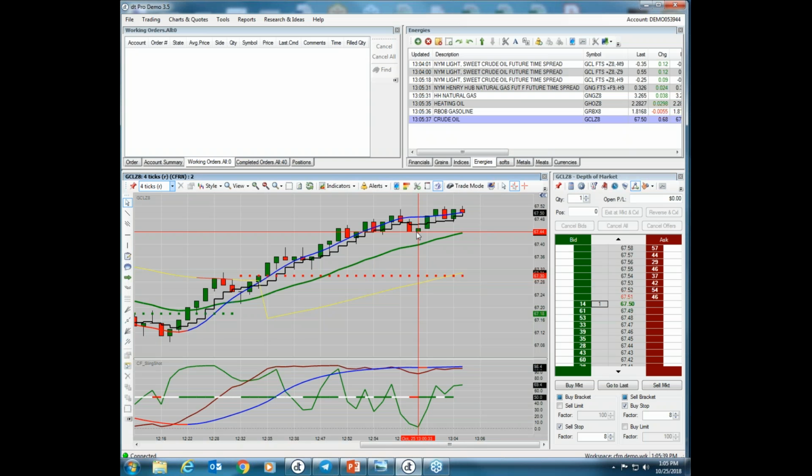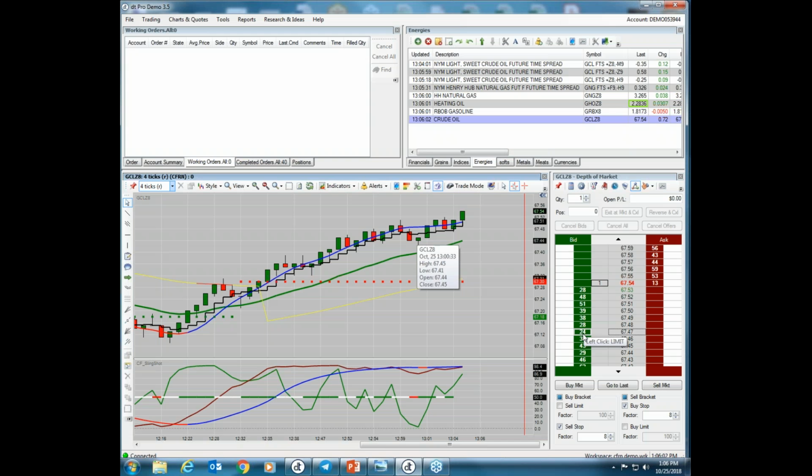The magic formula really is this. Whatever the low or the high is, add or subtract 5, and that's the price you put in. Look, the low was 67.41. Add 5, then 67.46 would have been the entry, and you would right click.